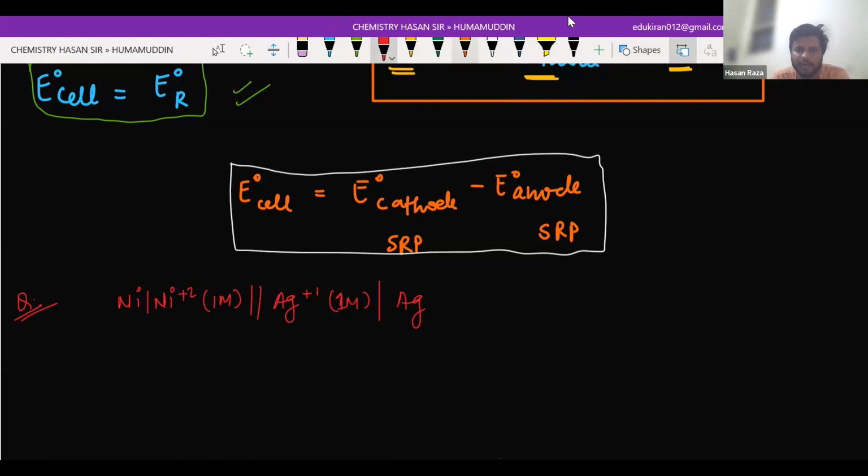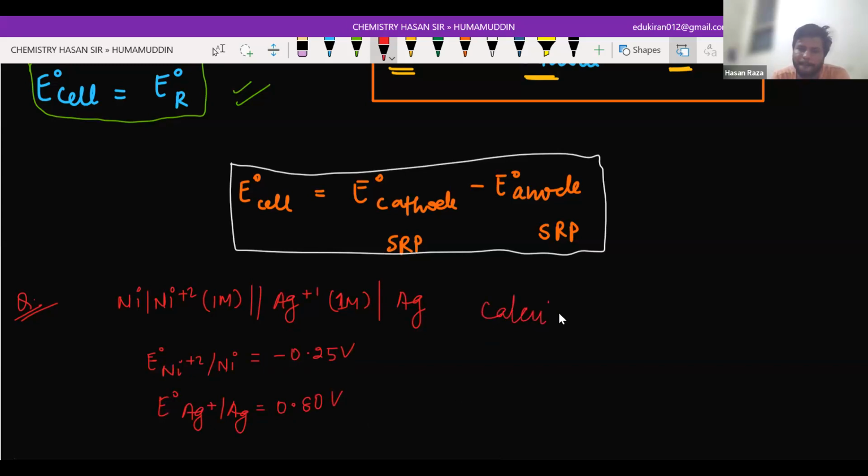It is also given in the question that E naught Ni plus 2 slash Ni is equal to minus 0.25 volt, and E naught Ag plus slash Ag is equal to 0.80 volt.